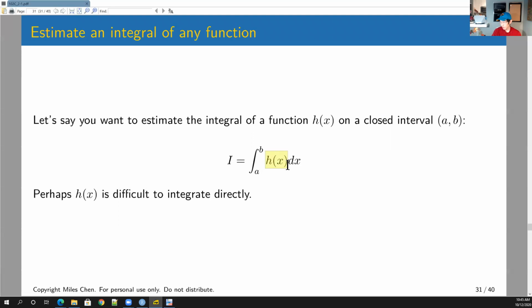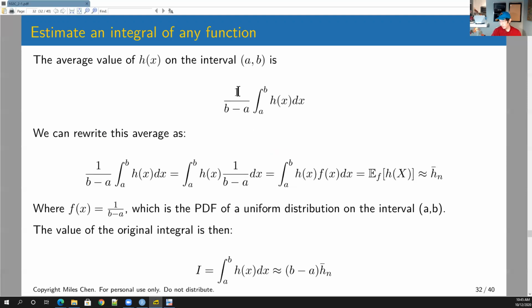Okay, so we've got h of x dx. Maybe this function is too hard to integrate. Well, we can say the average value of h of x over the interval a to b is going to be basically, you take the integral of h of x from a to b, and then you divide by the width, by that distance from a to b.